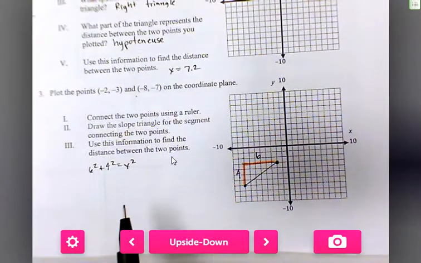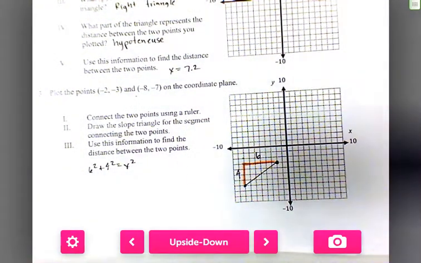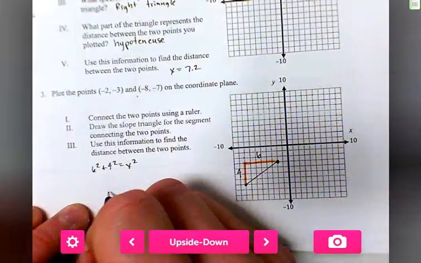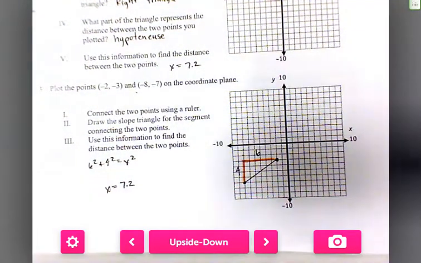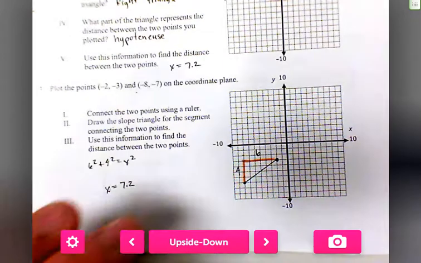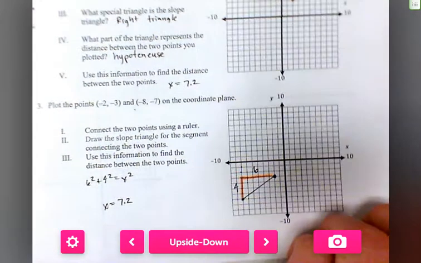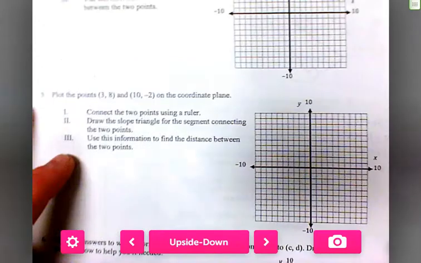It was the exact same thing that we did last time. So x should be 7.2. Okay, everybody good there?